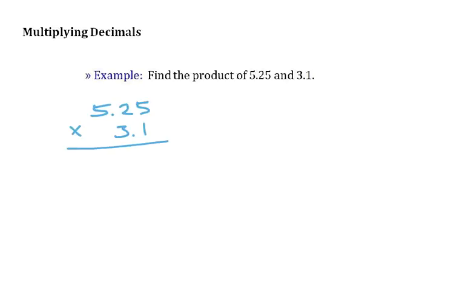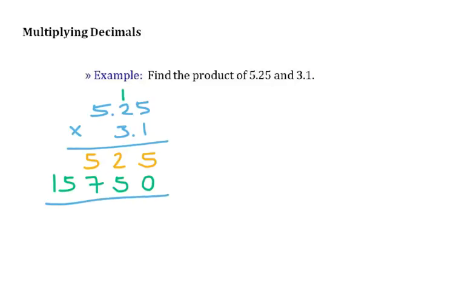So if we do 5 times 1, 1 times 5, we get 5. 1 times 2, we get 2. 1 times 5, we get 5. Drop down, I'll give a placeholder. 3 times 5 is 15. Carry the 1. 3 times 2 is 6, plus 1 more gives us 7. And then lastly, 3 times 5 is 15.